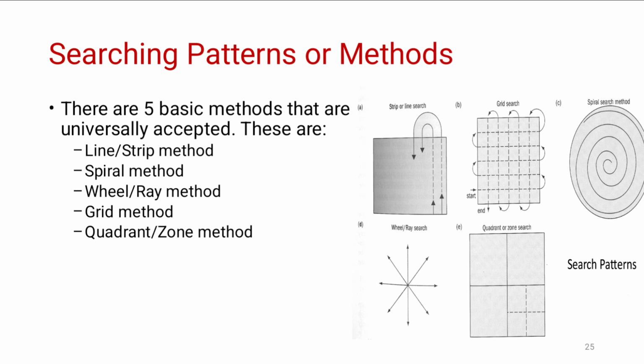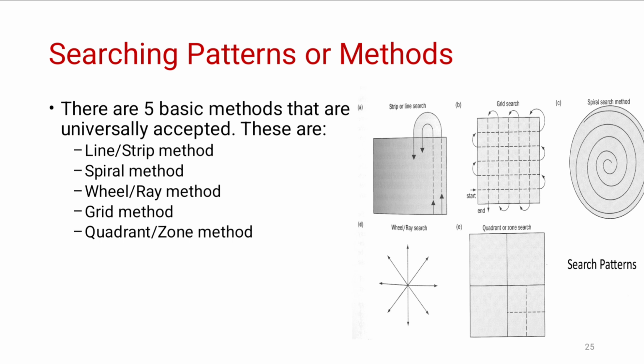There are several patterns that are used for searching. There is the line method, the spiral method, the wheel or ray method, the grid method, and the quadrant or zone method. In the illustration in the picture, the first one you can see is the strip method, whereby you move in one line and then you come back in another line.